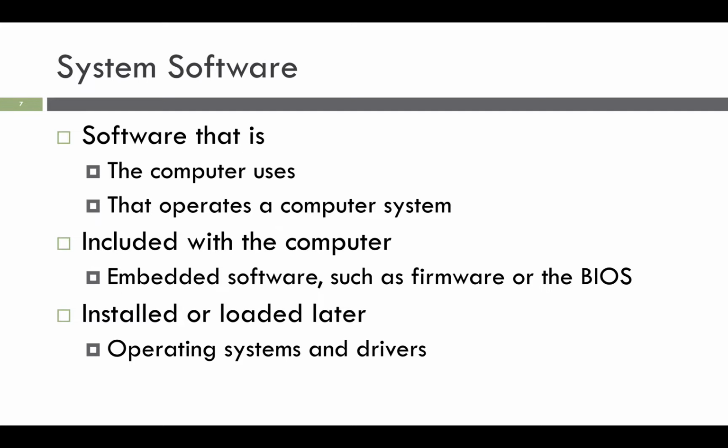Examples of embedded software are firmware for the hardware and the BIOS. Embedded software usually interacts with the hardware. It acts as an interface to the hardware. Other system software is installed later, but still necessary for the system to function. An operating system is system software that manages applications and allows them to interact with the hardware.